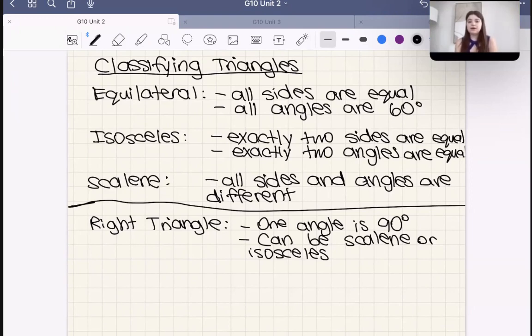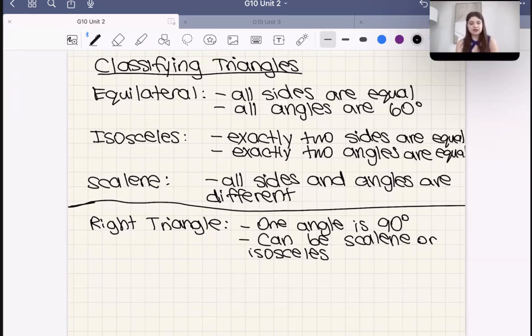And so an isosceles or scalene triangle, though, can possibly be a right triangle. And to verify that it's a right triangle, we would have to show that one angle is 90 degrees. If one of the angles is 90 degrees, then it's a right isosceles triangle or a right scalene triangle. And if that's not the case, if all the angles are not 90, then it would just be a non-right isosceles or non-right scalene.